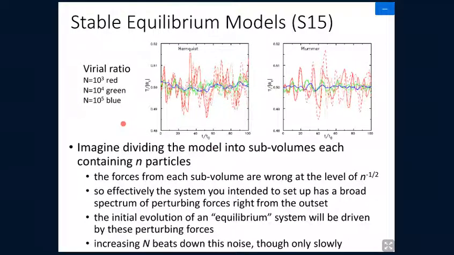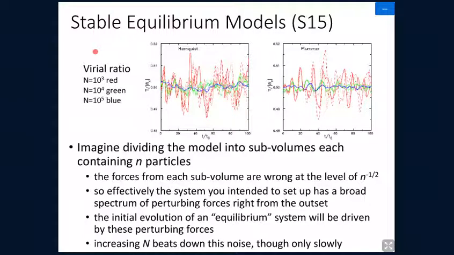This is a study I made a few years back now, in 2015, of stable equilibrium models. There were three models that I used. There's a Hernquist model, which has a cuspy center, and a Plummer model, which has a uniform core center. The distribution functions are known and they're stable.